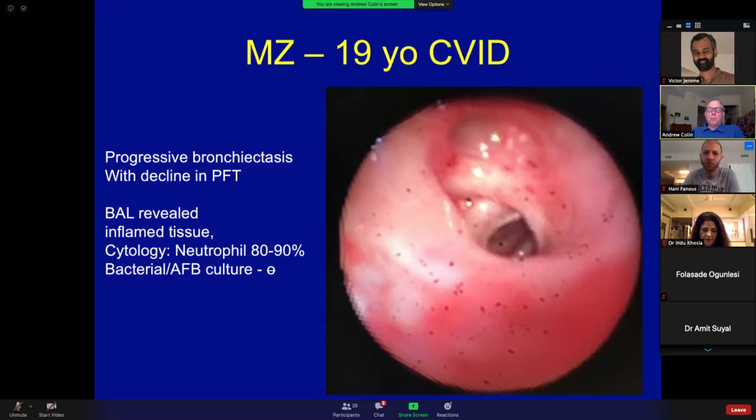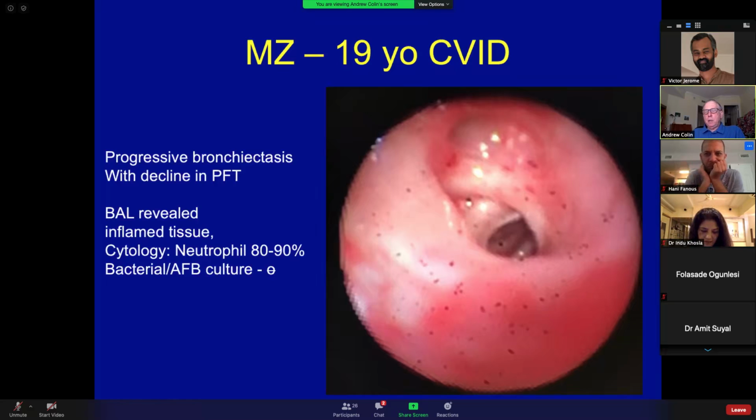We did a bronchoscopy on her with the hope of finding unexpected bugs such as mycobacteria. And we treated her with antibiotics. To our surprise, the cytology revealed inflammation. Cytology was predominantly neutrophils, between 80 and 90% on the two sites where we bronchoscoped, and the bacterial and AFB cultures were completely negative. So a progressive bronchiectatic disease in a case with CVID and with negative bacteria.